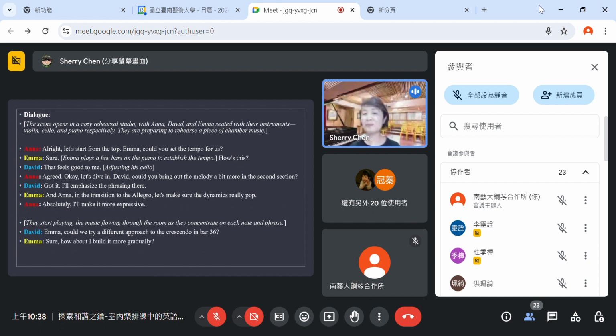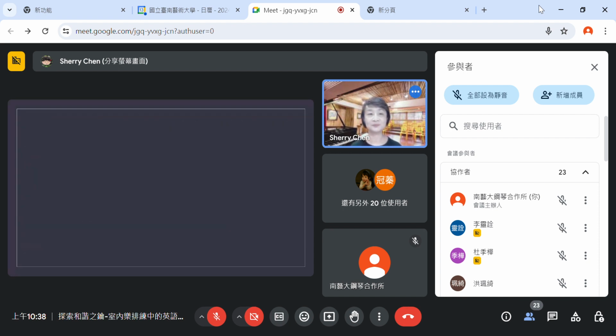How about I build it more gradually? 我再稍微慢一点点的做这个 crescendo. That sounds great. Let's experiment with that. They play the section again, experimenting with the dynamics and expression. Okay. So they're trying different ways of crescendo. It could be a span of 4 beats. It could be a span of 3 beats. Okay. So in measure 36.